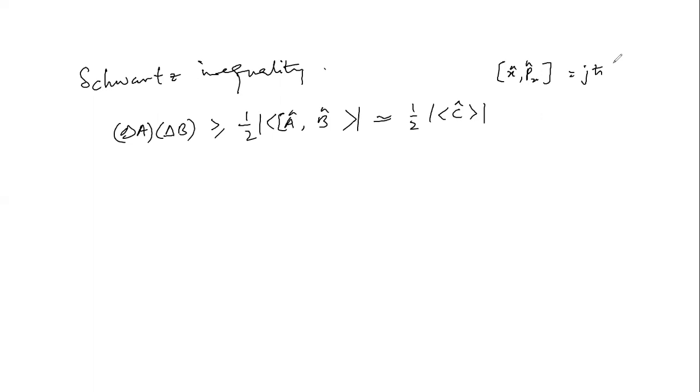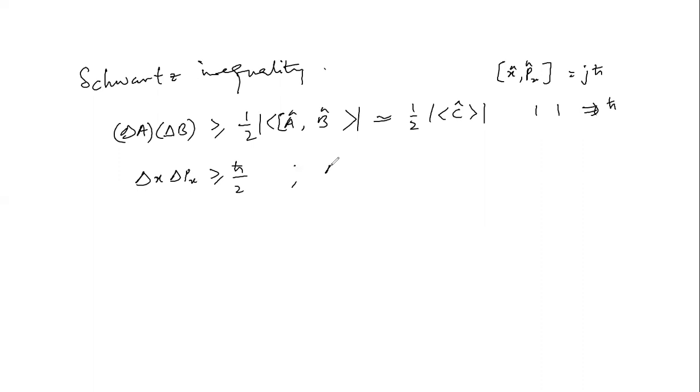So by the Schwarz inequality, we now have that the product of the uncertainty between the position and the momentum is greater than or equal to, now we are taking the magnitude, so the magnitude of this expression is going to give us h cross. So it's going to be greater than or equal to 1/2 of that parameter, which is h cross over 2.